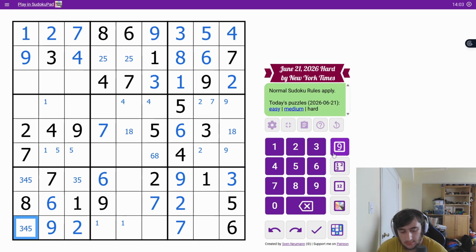This is a 3. Confetti. Now this is a 5. This is a 4.